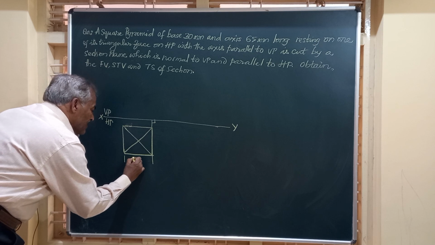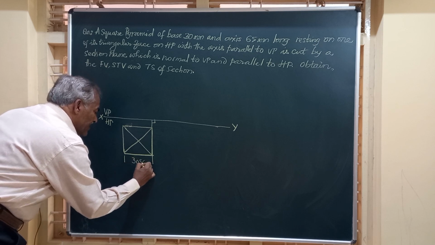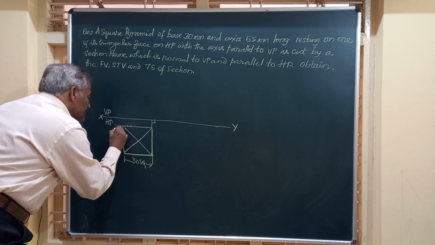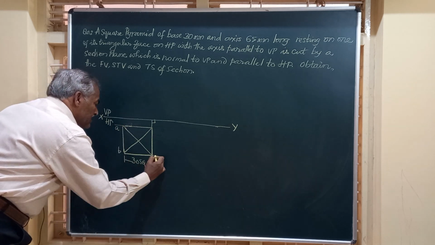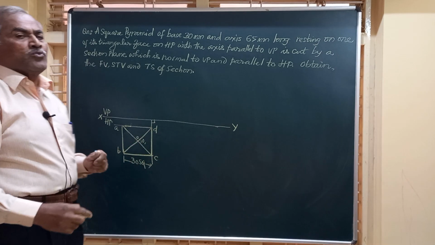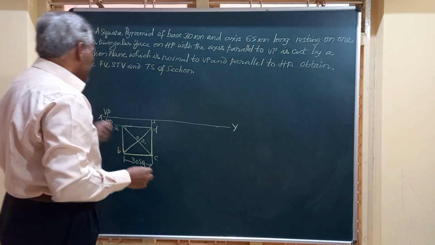So this is 30 SQ. It is a square of 30 millimeter side, and we'll name this as A, B, C, D. This is O comma O1. O1 is the center of the base and O is the vertex of the pyramid.